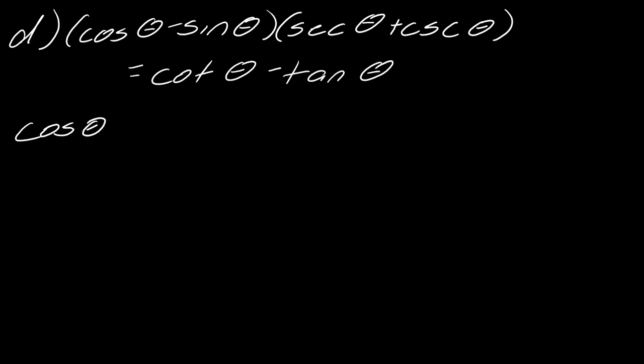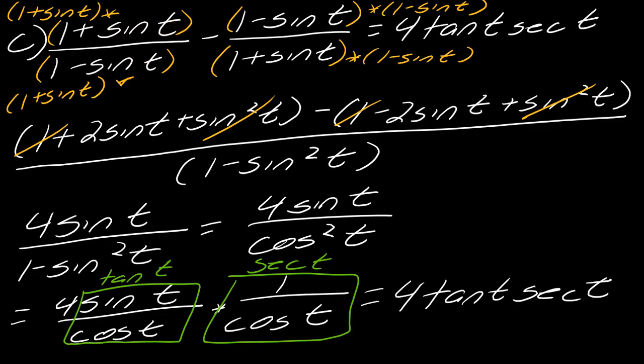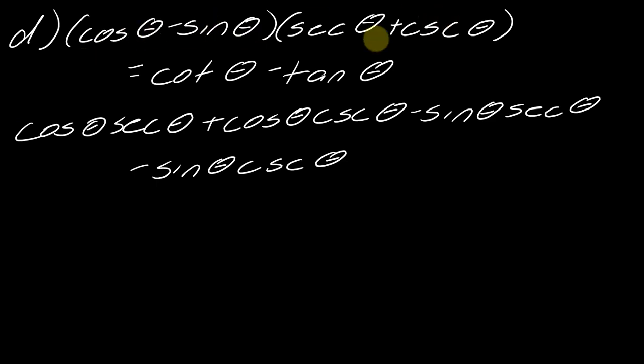Okay, so I've got cosine theta secant theta, plus cosine theta cosecant theta, minus sine theta secant theta, minus sine theta cosecant theta. So I'm just going to work on this side for right now, okay?